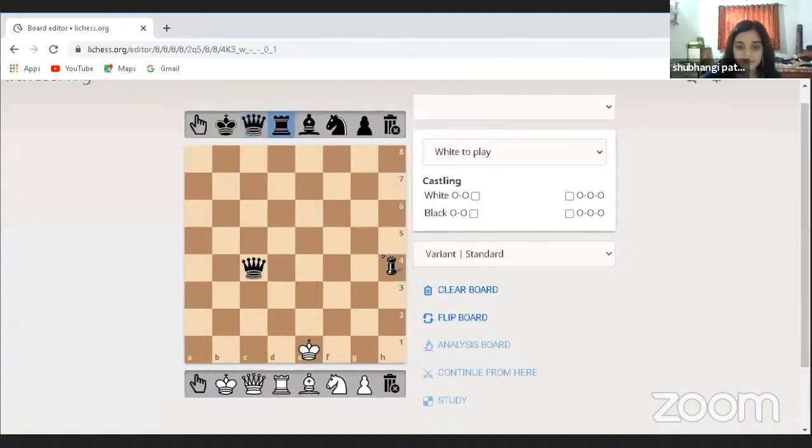Here is H2. Okay. Now what you have to do? You have to do check and mate in one move. It's black to move, and you have to do check and mate in one move. How will you do it? Tell me.